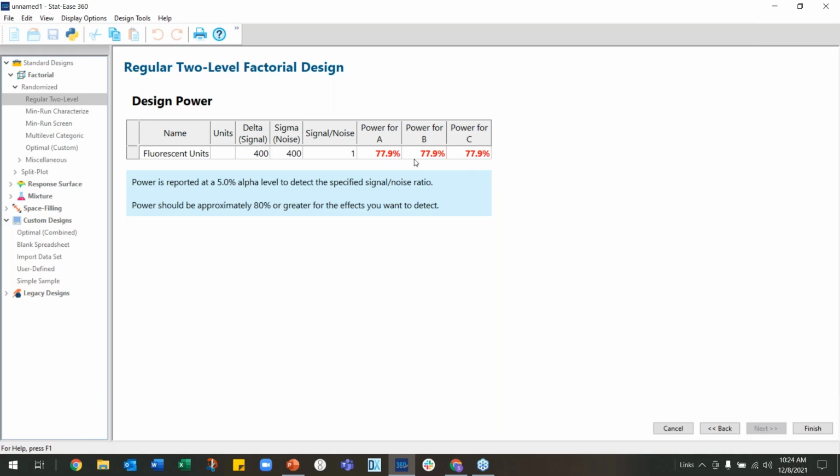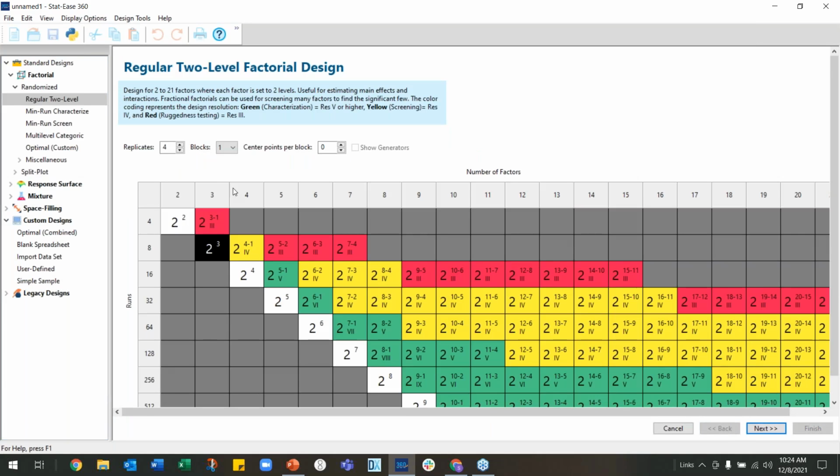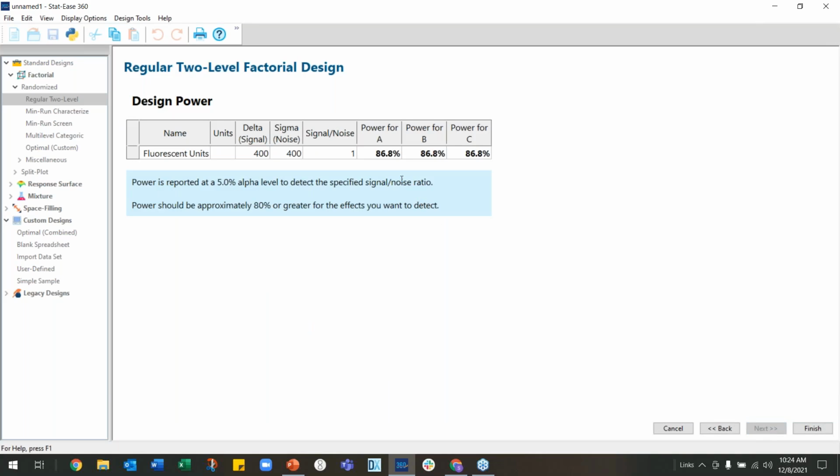But I have a 96 well plate here. My runs are actually pretty cheap. I can definitely do another replicate. So I'm going to go back and do 5 replicates. And then I get to that magic number above 80%. So now my likelihood of detecting effects should be quite high.